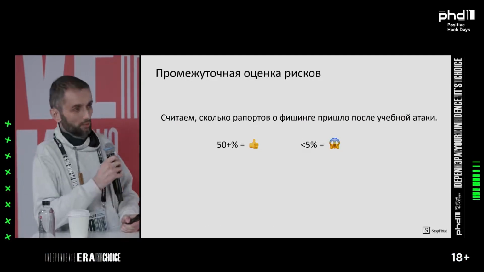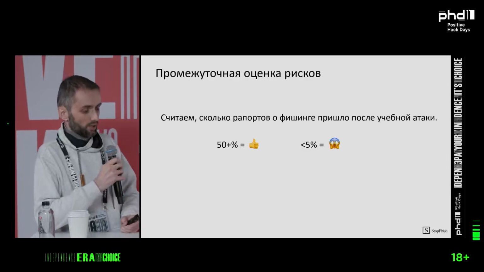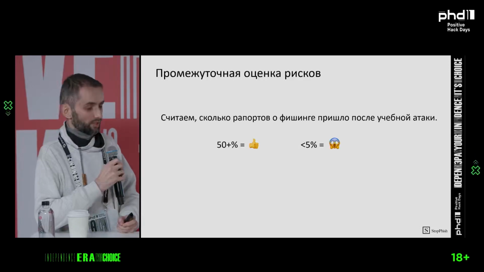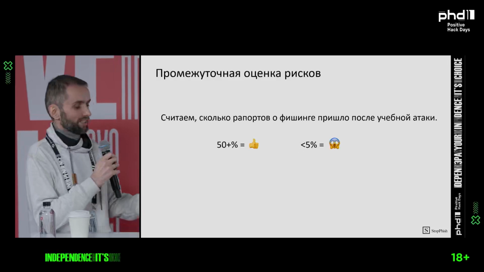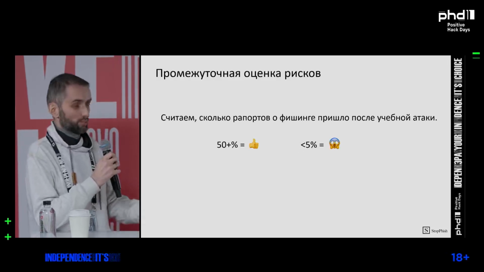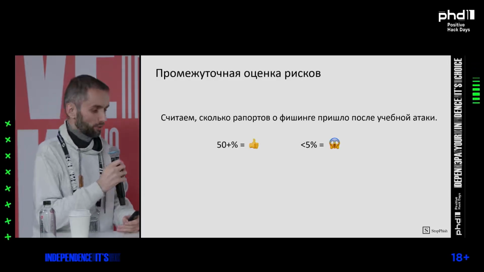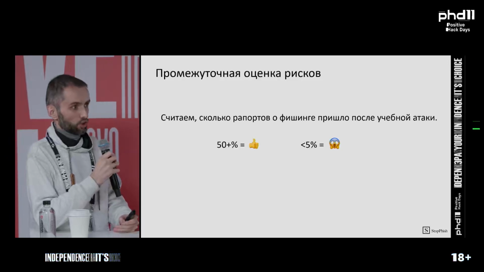So the risk estimation, phishing reports after the mail distribution. It's not a benchmark, but we just have some ideas. If more than half of your employees have reported that something has been sent, it's great.